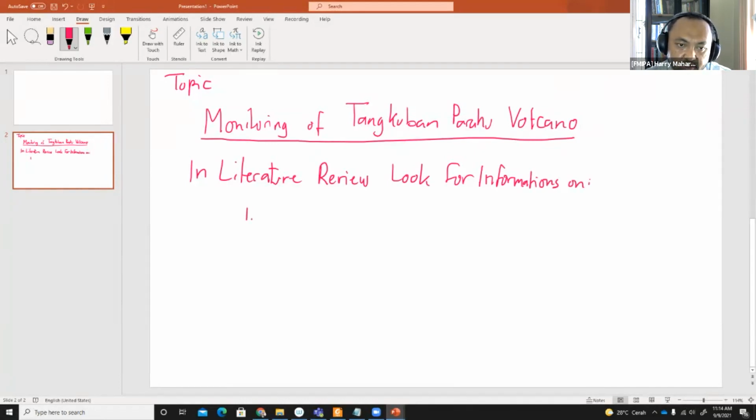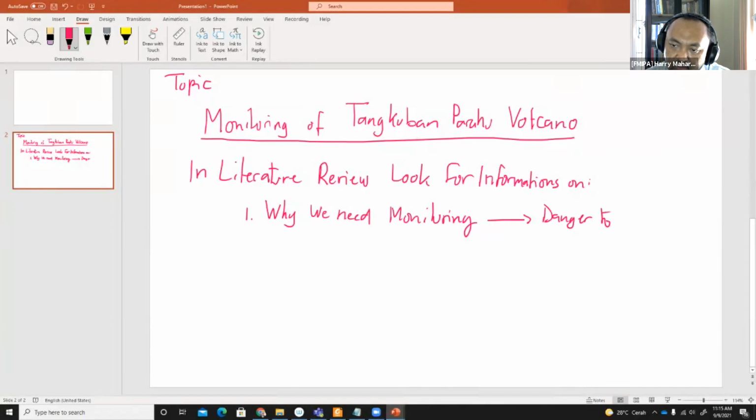First is why we need monitoring. So for example, we need to monitor a certain volcano because it has danger, okay?